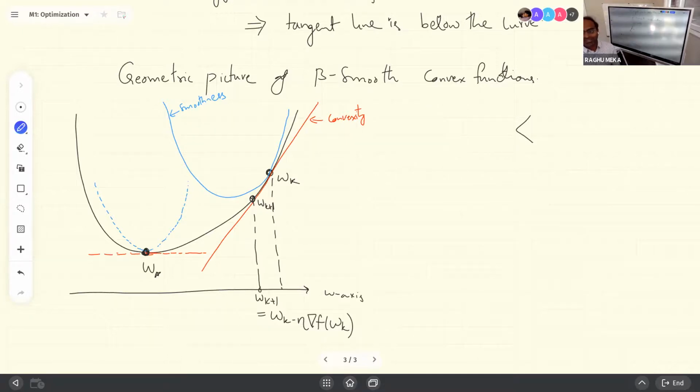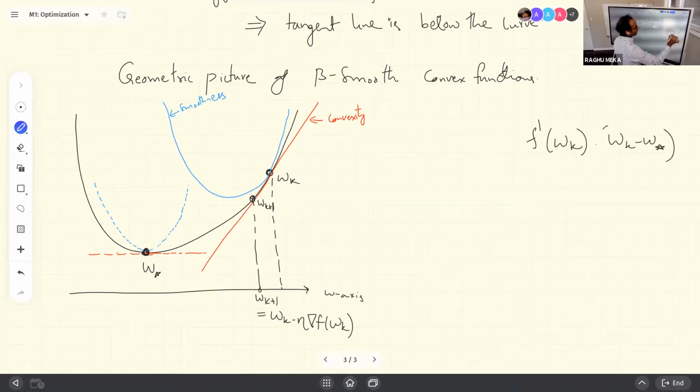In high dimensions, what would the analog be? Like here, even in one dimension, what would the analog be? So if I look at this guy, this times this should be greater than or equal to 0, right?